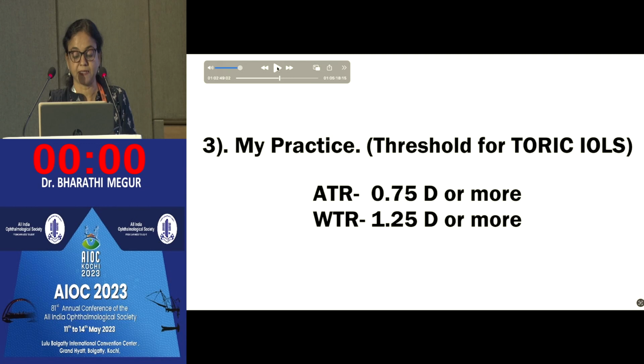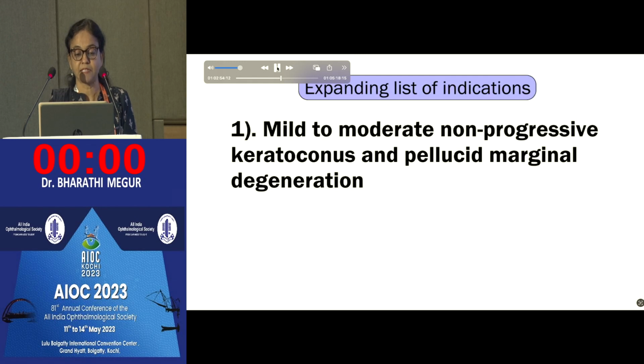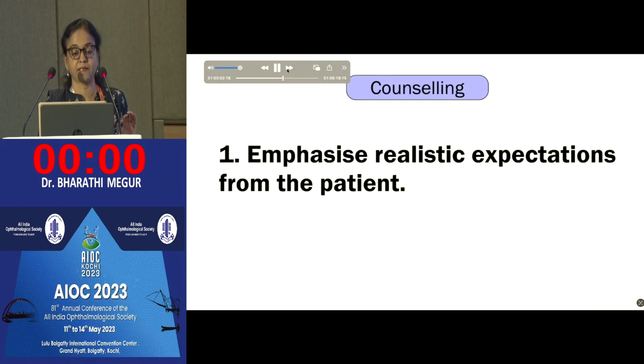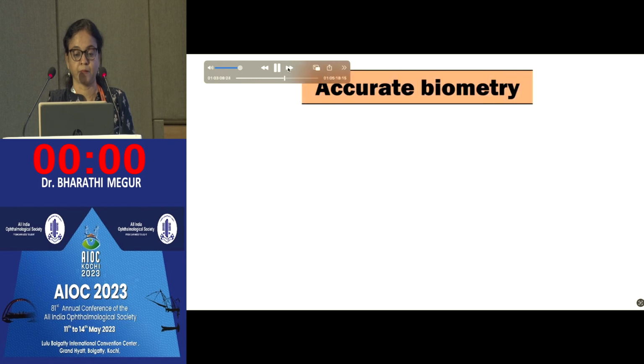With the rule astigmatism, 1.25 diopters or more. There is an ever expanding list of indications, but most of the time, for a beginner surgeon, stick to the conditions of simple cataract without any irregular corneal surface due to pterygium or any other ocular surface pathology like dry eye.